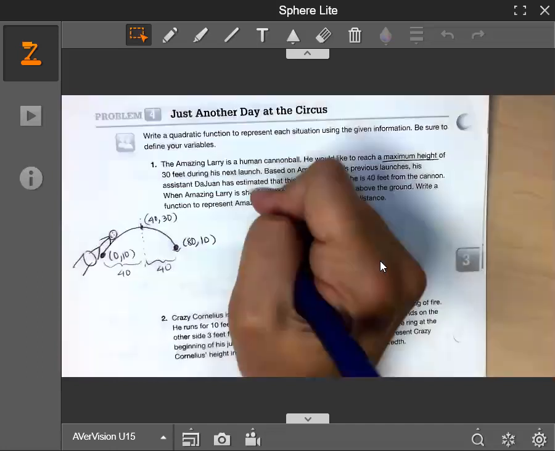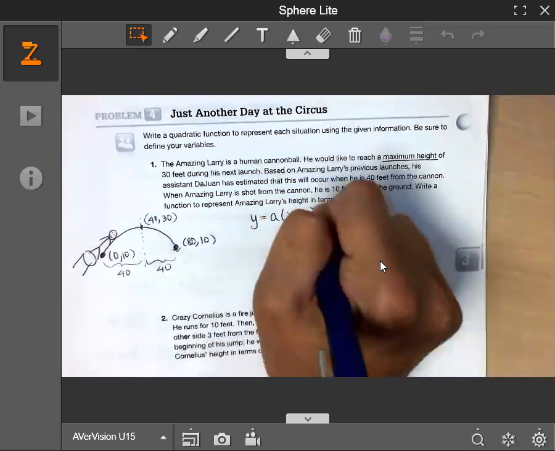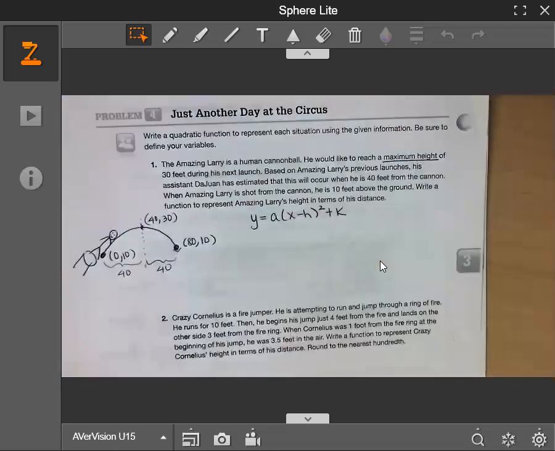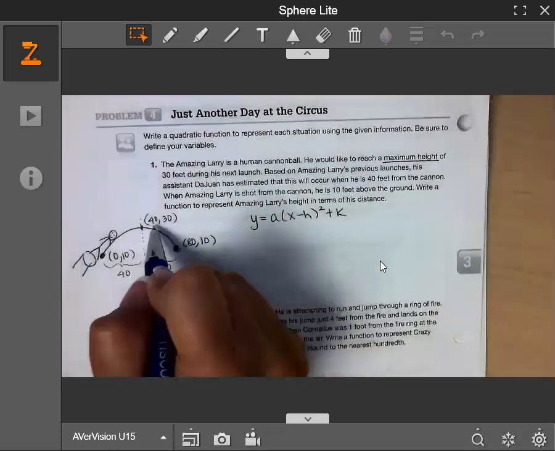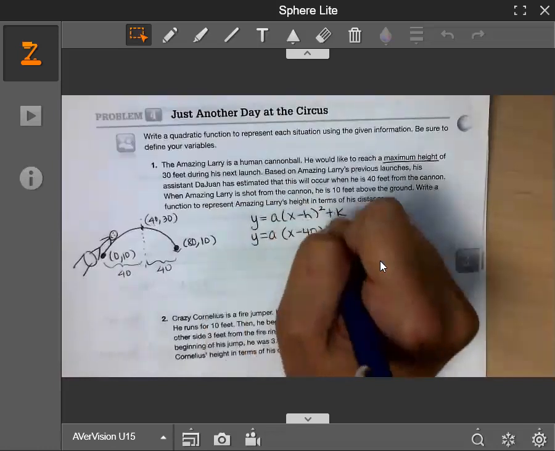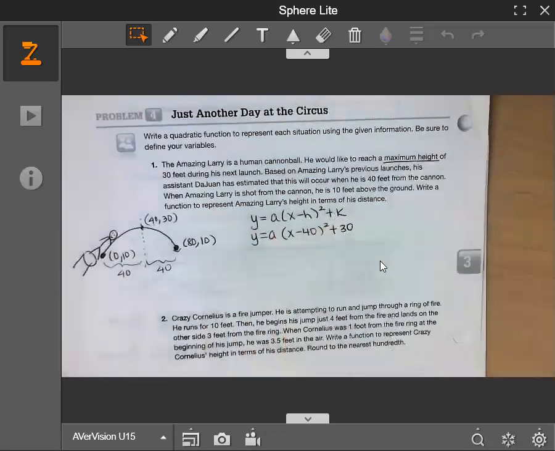So to start this equation, I said the vertex form is the best one. So that is a times (x minus h) squared plus k. There's my vertex form. Now I'm going to go ahead and plug in my h and k, which are my vertex, 40 and 30. So I get (x minus 40), which is my h, squared, plus 30, which is my k.